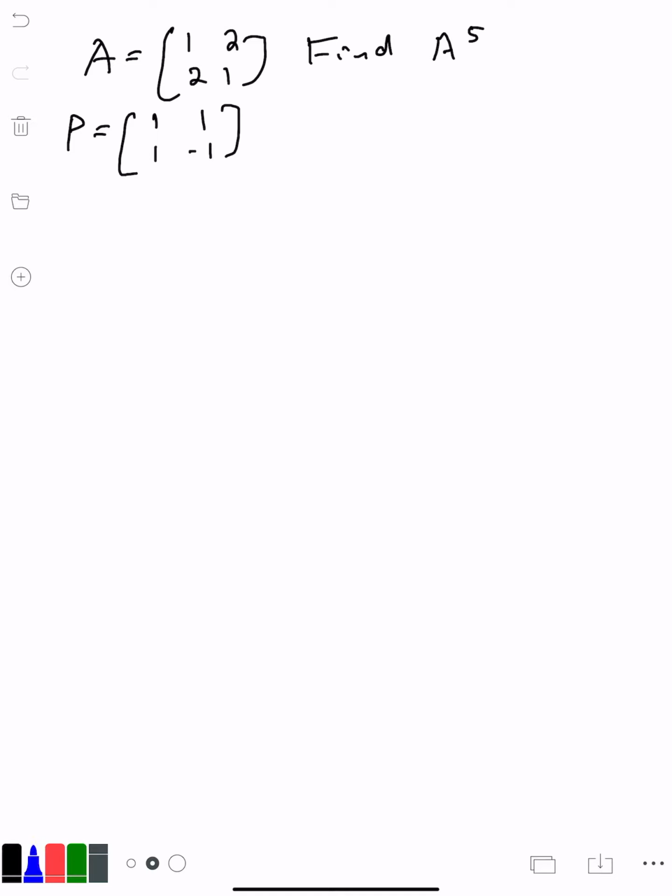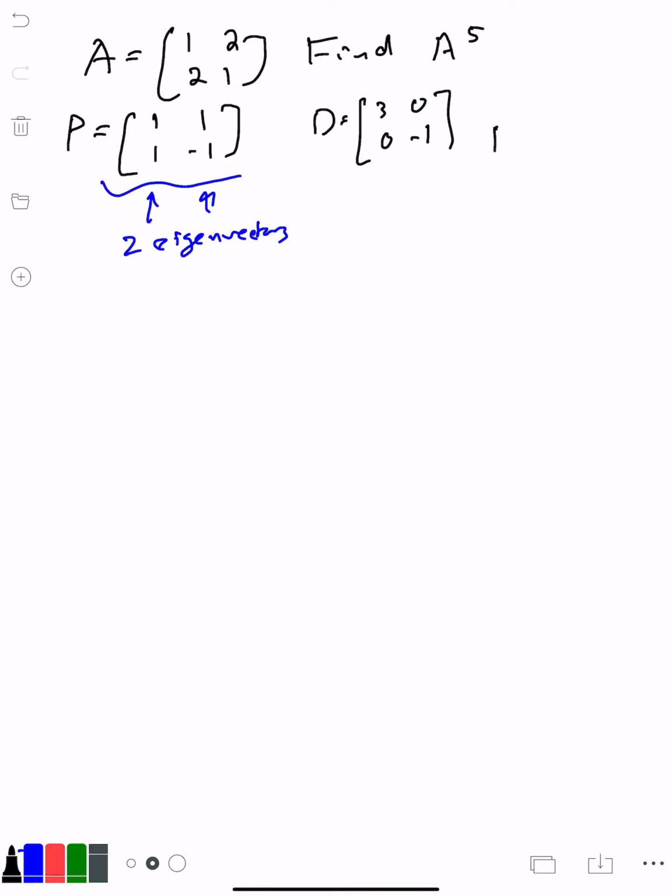Let's find, for the matrix A, A to the 5th. So from before, my P was [1, 1; 1, -1]. And in case you didn't notice, this is just the two eigenvectors joined into a matrix. And my D, the middle one, is [3, 0; 0, -1].